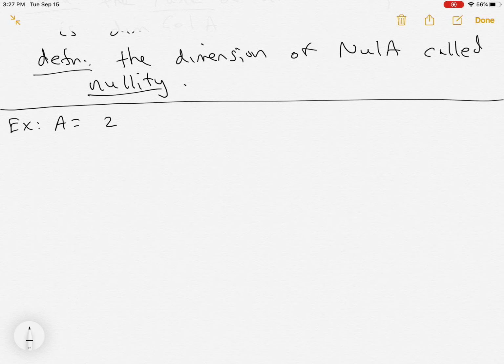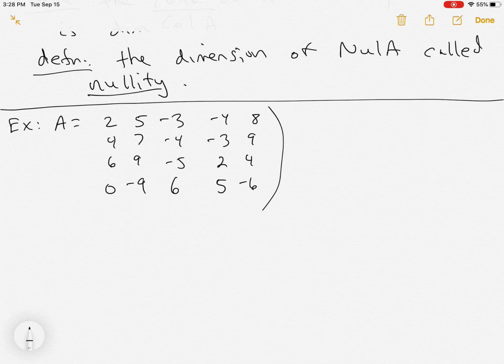So the rows are: 2, 4, 6, 0, 5; 7, 9, -9, -3, -4; -5, 6, -4, -3, 2; 5, 8, 9, 4, -6. So this guy is a 4 by 5.